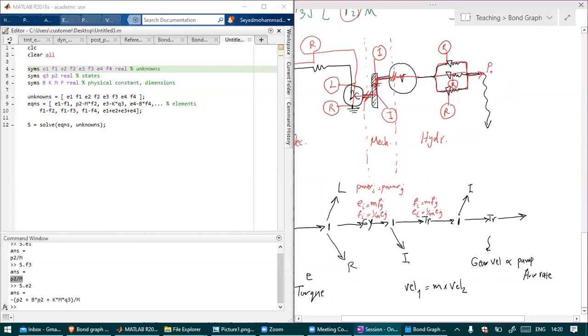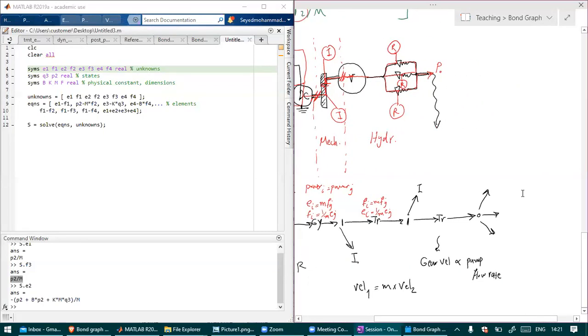Then we have a junction that distributes the flow, of course. So I need to have a 0 because the flow is distributed across. And then I have 3 resistors.